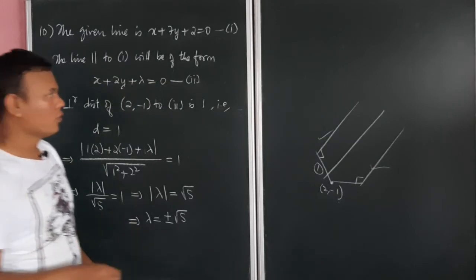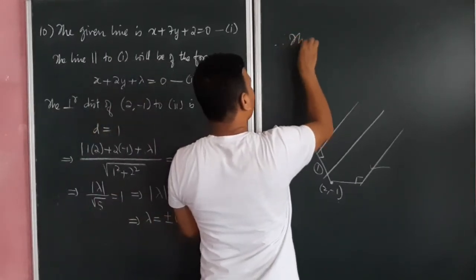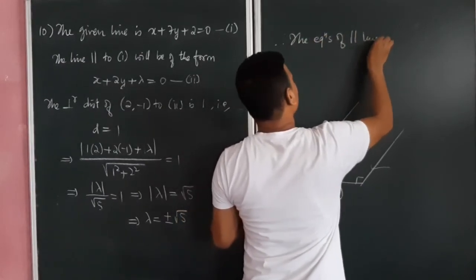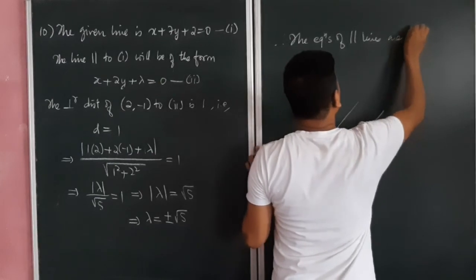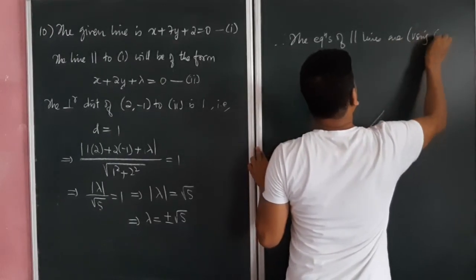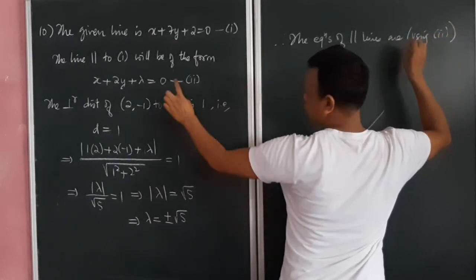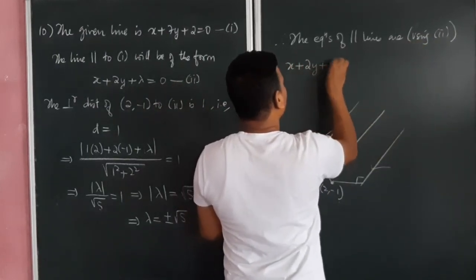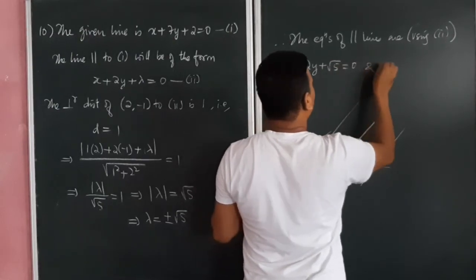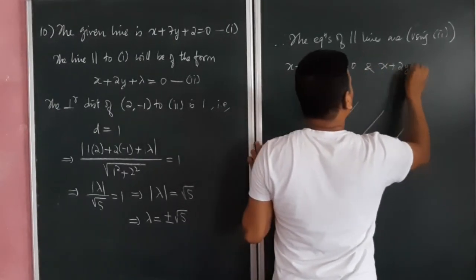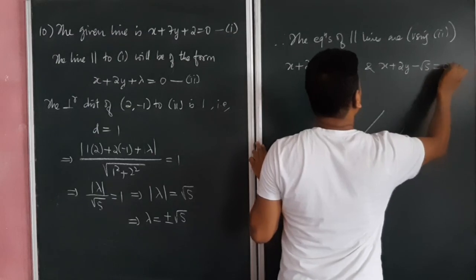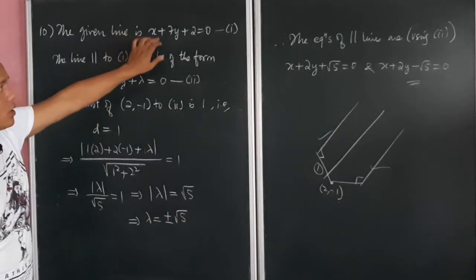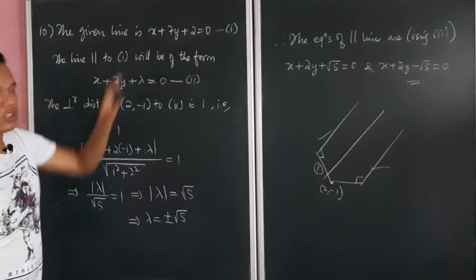Therefore, using 2, the equations of the parallel lines are x plus 2y plus root 5 equals to 0 and x plus 2y minus root 5 equals to 0. These two are the parallel lines to the given line, that is equation 1.